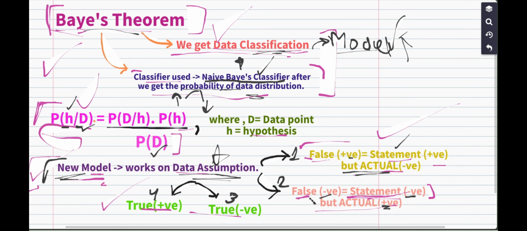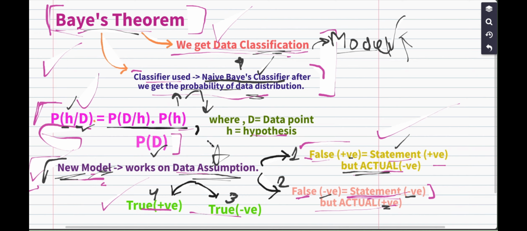But when we come to false negative, the actual data will be positive, but the assumption will be negative. The assumption, the hypothesis, is negative, and the actual data will be positive, right? So simply you can find out what true positive and true negative mean. So when we find out all about this, we can predict that the new model can also make mistakes, right?